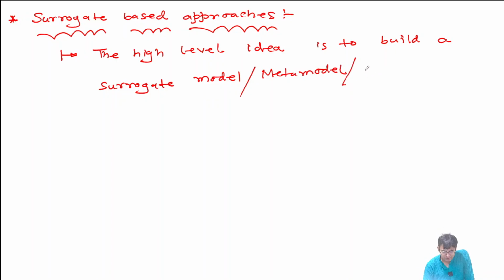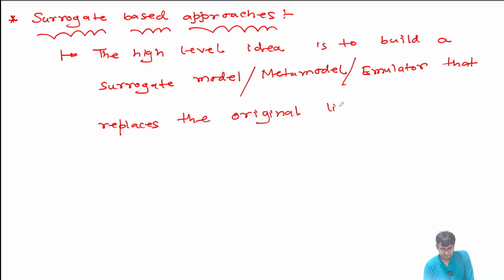It is also known as an emulator. So build a surrogate model, or you call it meta model, or you call it emulator, that replaces the original limit state. Right? This is the high level idea.